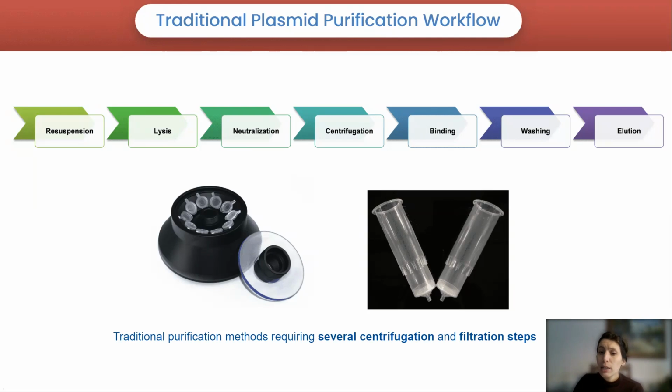Once you have your culture grown, the very first step is to centrifuge it down, followed by a series of steps within the workflow, such as resuspension, lysis of the bacterial pellet, neutralizing of the bacterial pellet, followed by multiple steps that include binding and washing. And of course, every single one of these steps is coupled with a centrifugation step, which takes an incredible amount of time. And all of this is hands-on time.